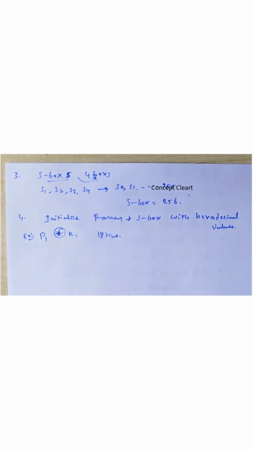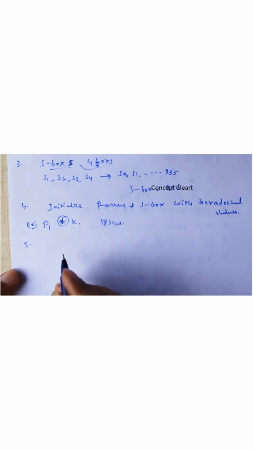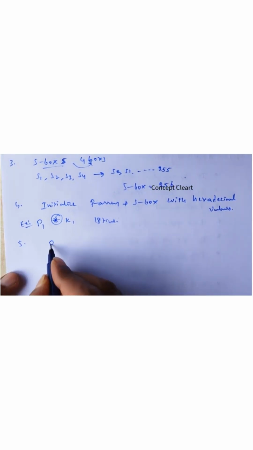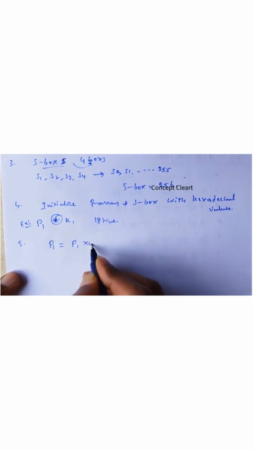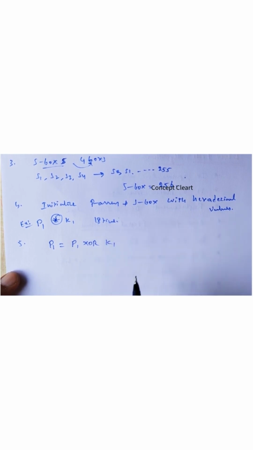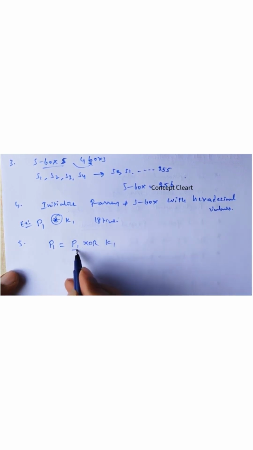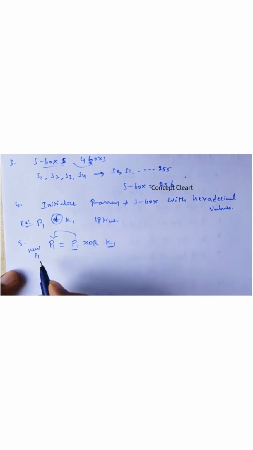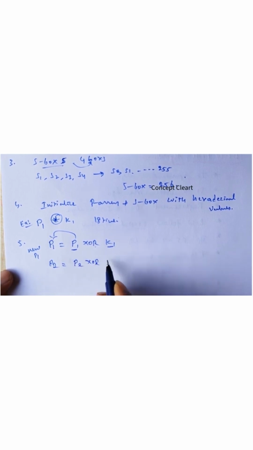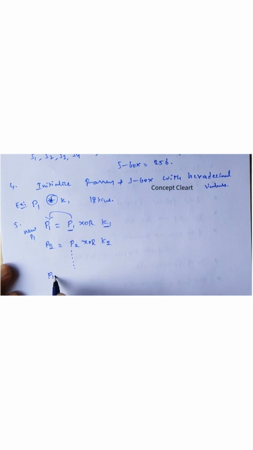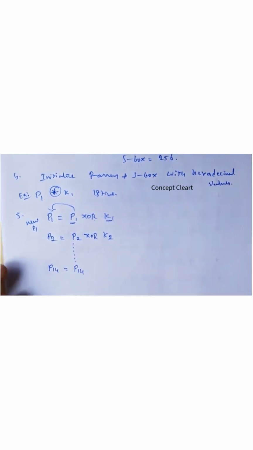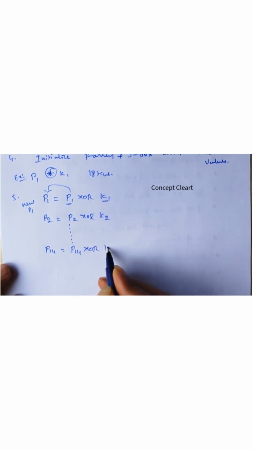Next, what is the next step? Step 5: we perform the XOR operation. P1 equals P1 XOR K1. Here you are performing P1 XOR K1, which gives a new P1. Like that, P2 equals P2 XOR K2, and like this, P14 equals P14 XOR K14.